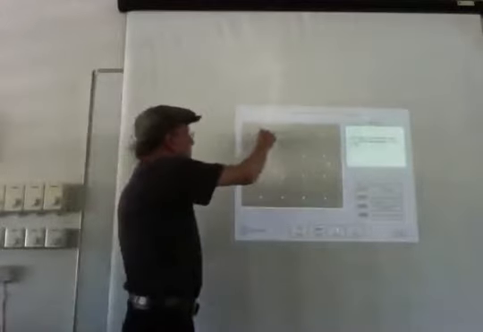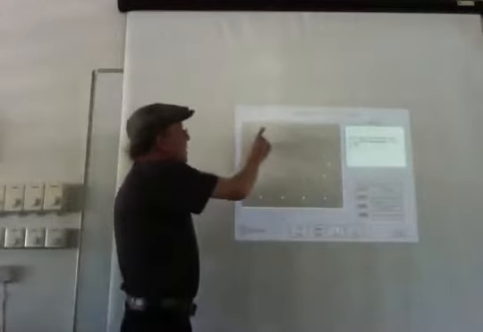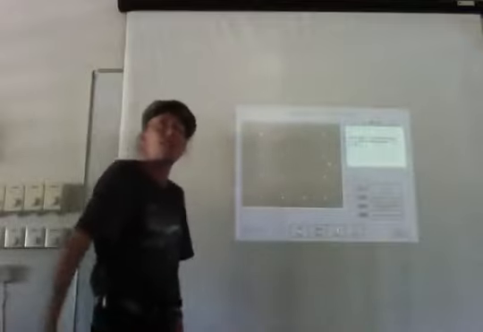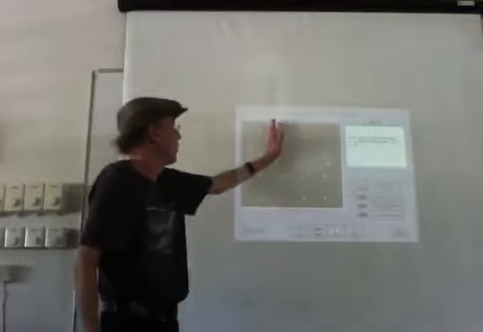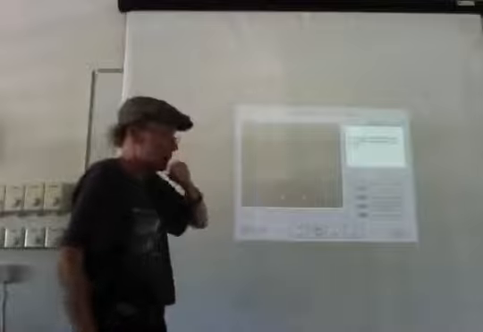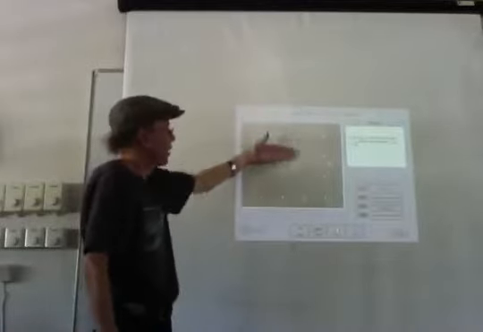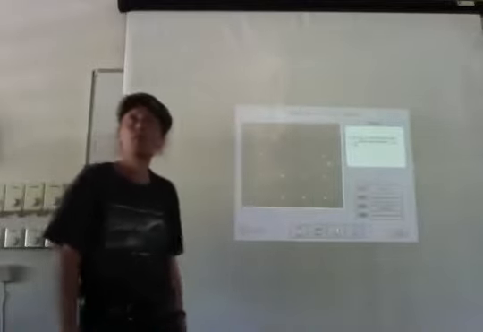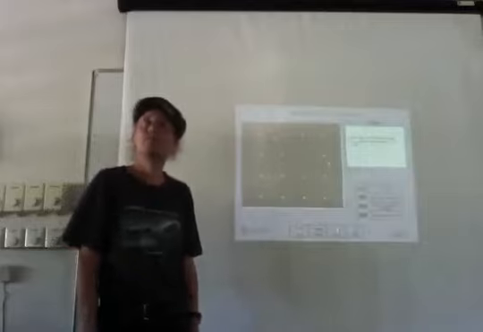This point can be reflected on this side, and this point can be reflected on this side. You have a mirror here, and a mirror here. And of course, perpendicular, you also have a mirror.